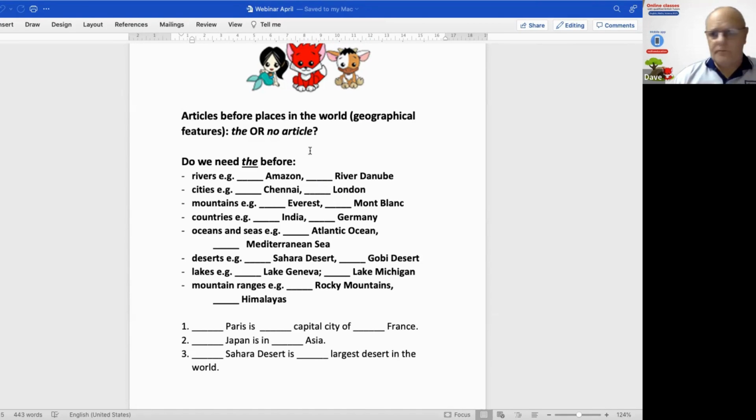I've just got some examples. This is not the full list, just some samples of the things we mean by geographical features. So this time, put either "the" or "0".